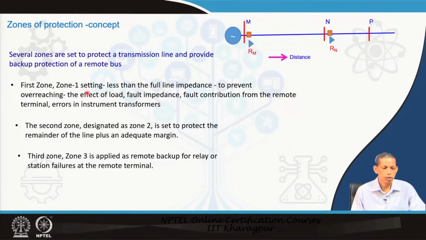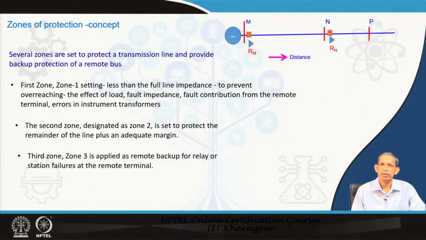So, we observe that in basics we require zone 1 to take care of the protection of Mn, instantaneous protection, but because of uncertainty we do not allow this relay to reach up to n. Some percentage is left out, so zone 2 is assigned, but zone 2 ensures that the whole section is covered.